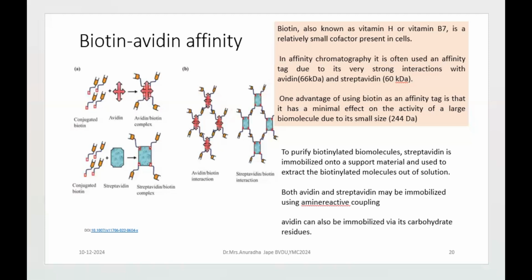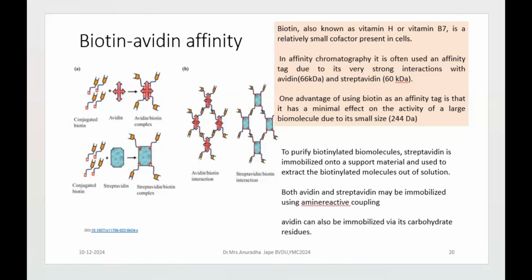You have to elute the analyte of your interest, and if the interaction is very strong between the analyte and the ligand, then very harsh elution conditions would be required to weaken the interactions between these two components of a biological specificity pair, right? So if the interaction is strong, then strong and harsh treatment is to be given to weaken the interaction.